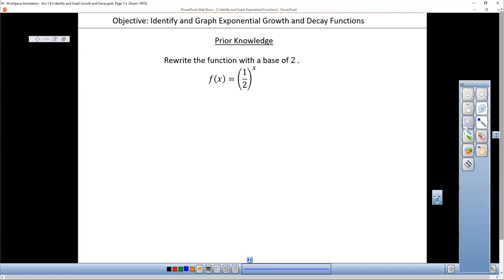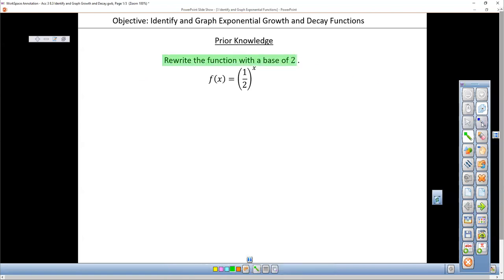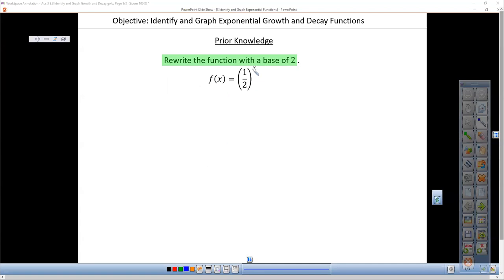So this prior knowledge problem says to rewrite the function with a base of 2. So this has to do also with understanding the different ways that we can represent decay. So this is a decay function here with a base of 1/2. If I want to change it to having a base of 2, then what I'm going to have to do is take this power of 2, which is in my denominator, and move it up.